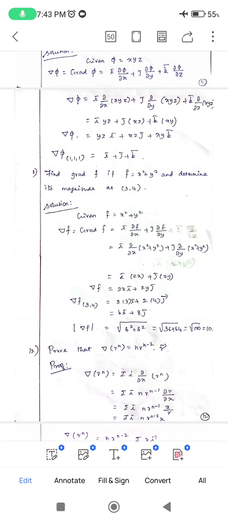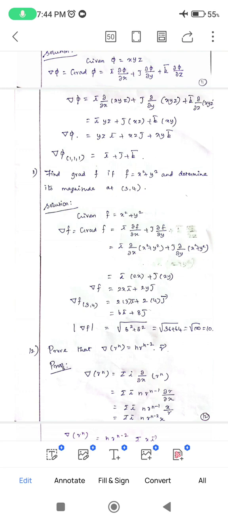Find the gradient of f if f is equal to x square plus y square and determine its magnitude at (3, 4). Given f is equal to x square plus y square, and the gradient of f is equal to i vector into ∂f/∂x plus j into ∂f/∂y. Differentiating with respect to x, we get 2x. So i vector into 2x plus j vector into 2y.